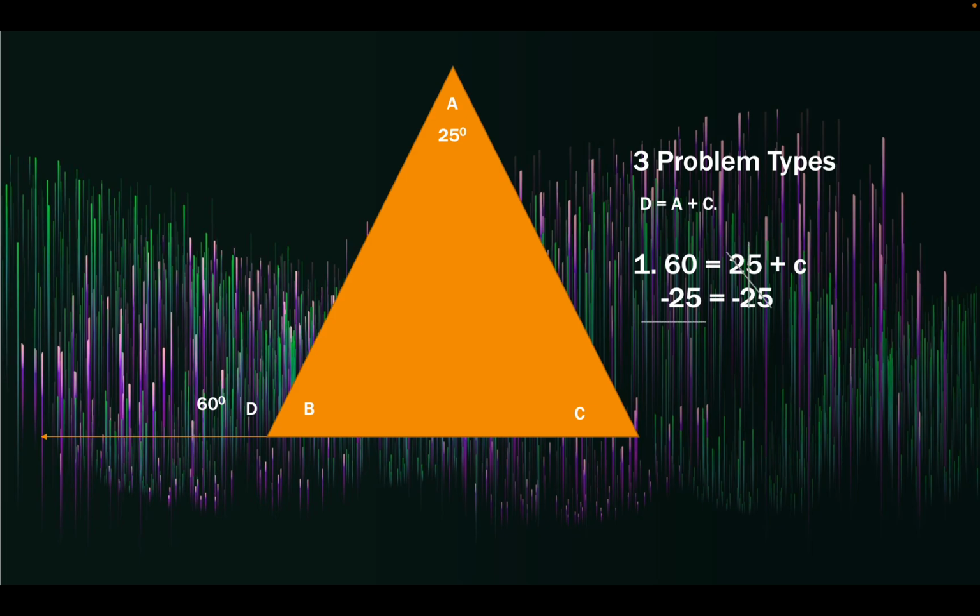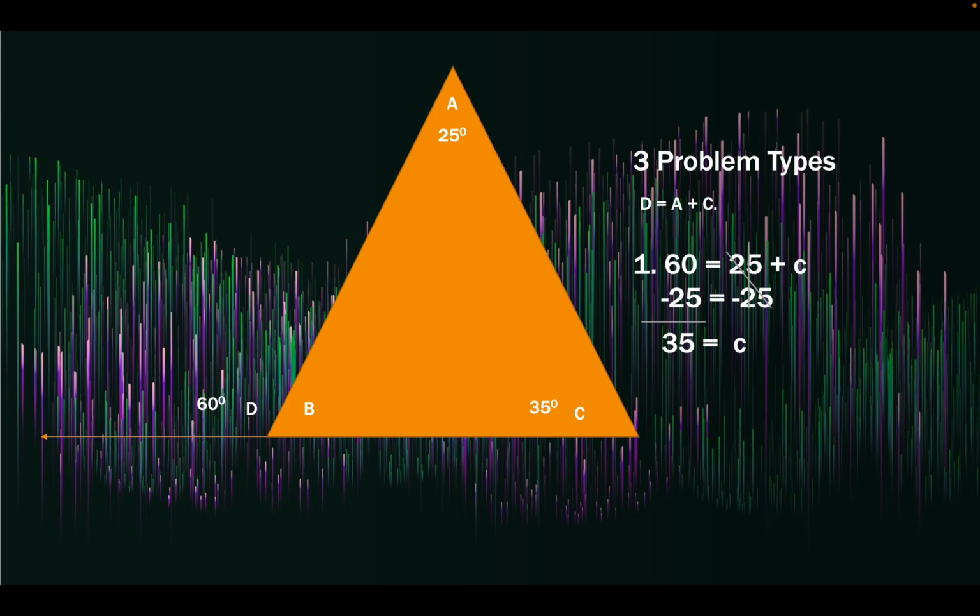That'll get rid of the 25 so that C is by itself. And then what I do to the right side, I must do to the left side. So 60 minus 25 equals 35. C equals 35.